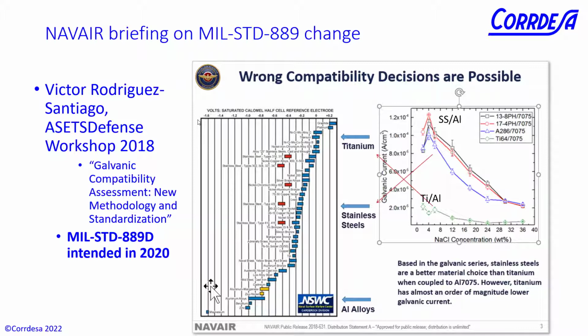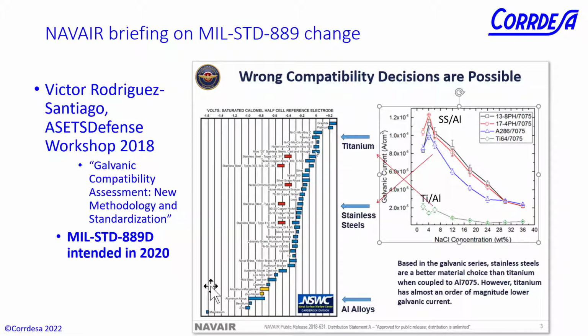Briefly, what we have here is a potential table of materials, alloys, elements, and along the horizontal axis we have the open circuit potentials. The more negative, essentially, the more active the material, the more positive, the more noble.